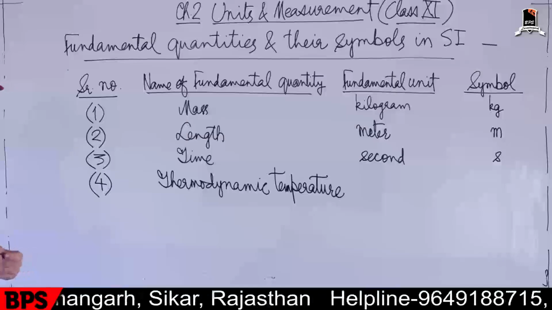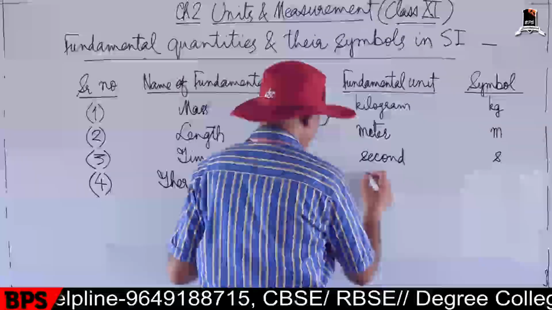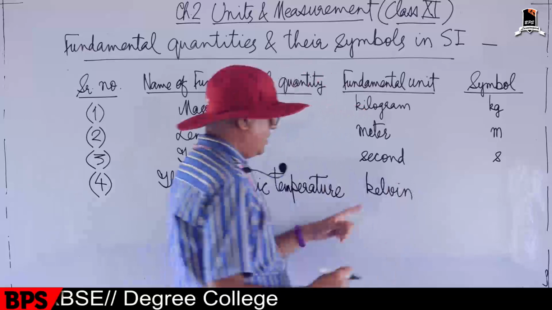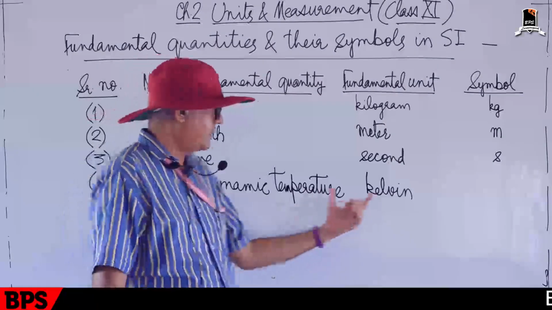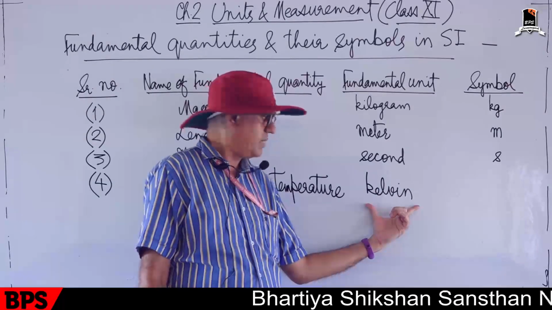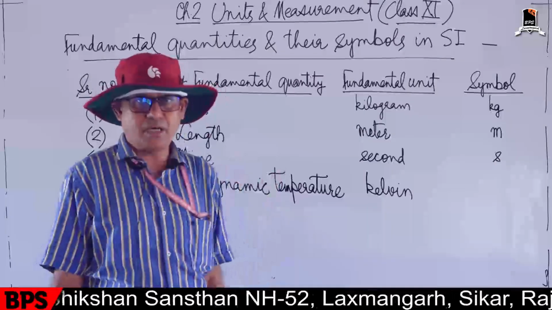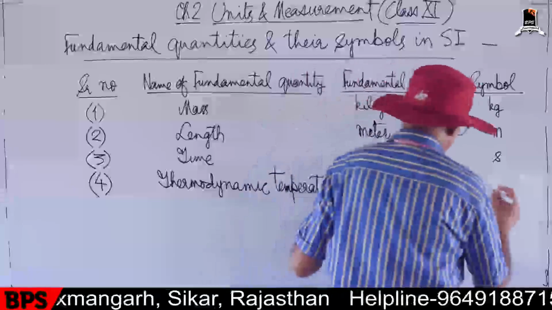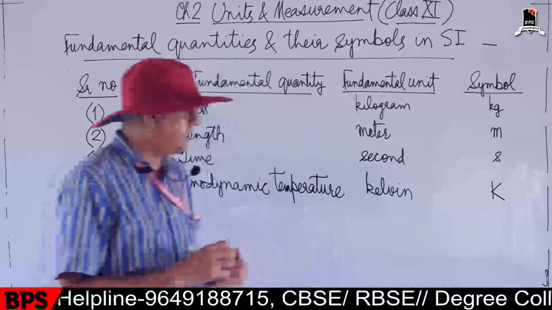Its unit name is Kelvin. Kelvin is in the memory of the scientist Kelvin. So it is in the name of a scientist, therefore its unit symbol is written in capital case letters, and it is simply K.